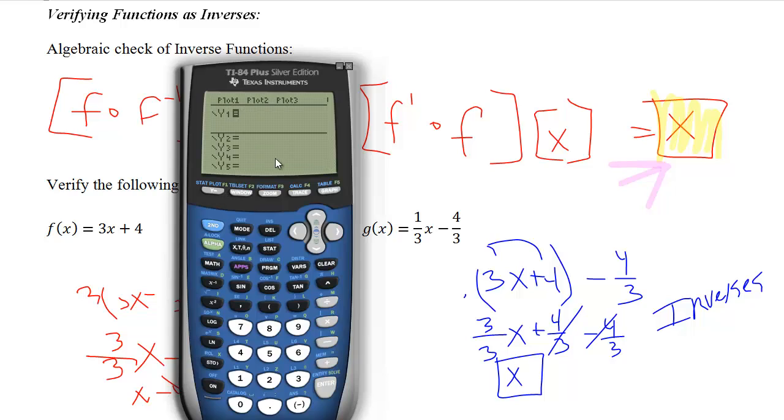And if we graph these both on our calculator, we can do that here real quick. We should see that they end up being a reflection over y equals x. And there we go.